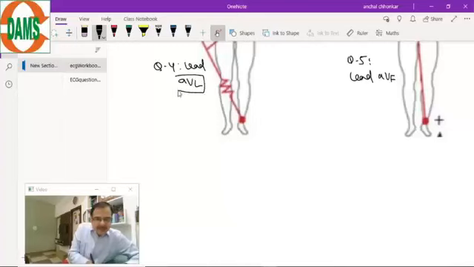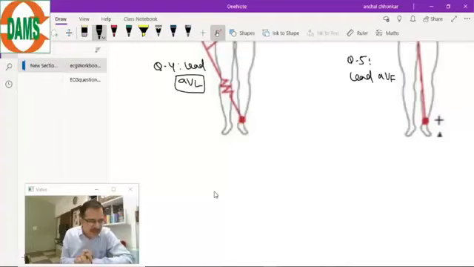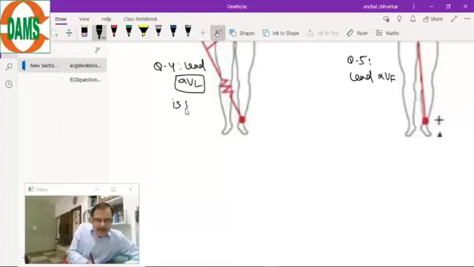It is just mathematics, nothing else. AVL is perpendicular to lead 2.